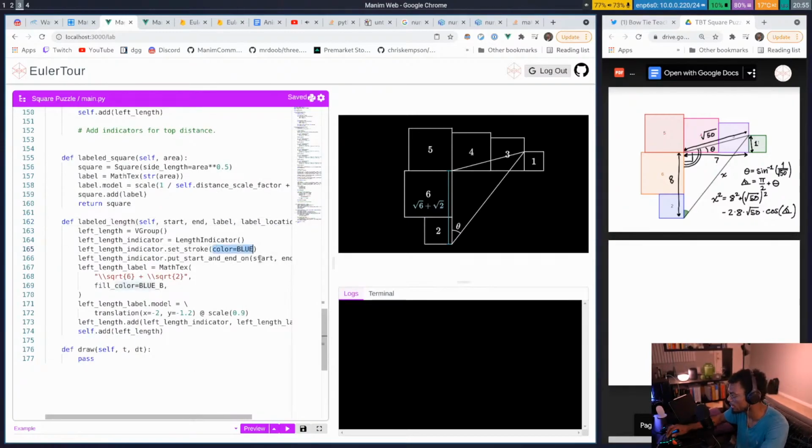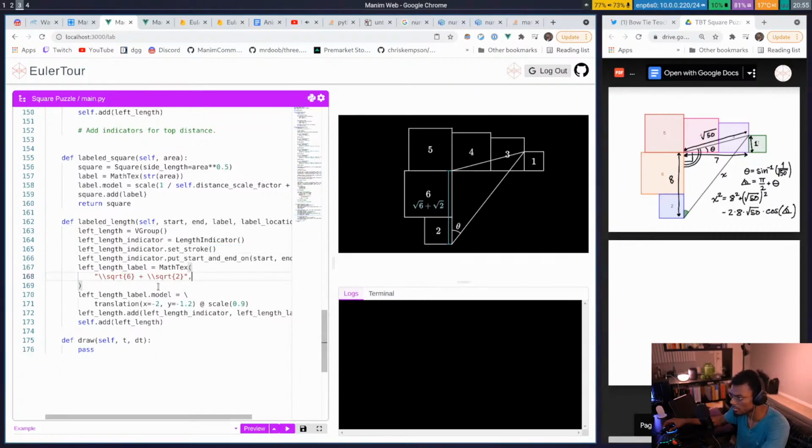I guess I won't do the color there. That doesn't really make sense. All of these lefts that I don't want.